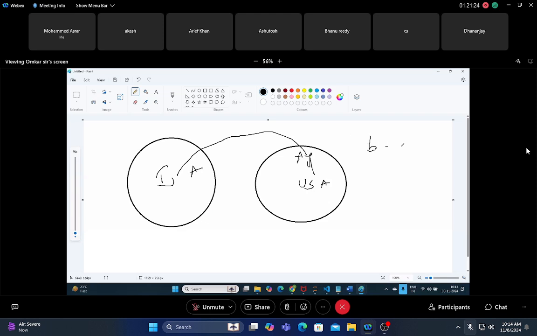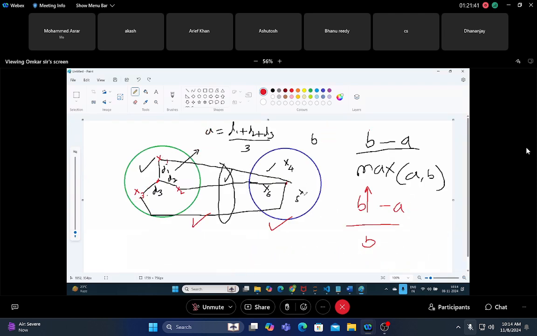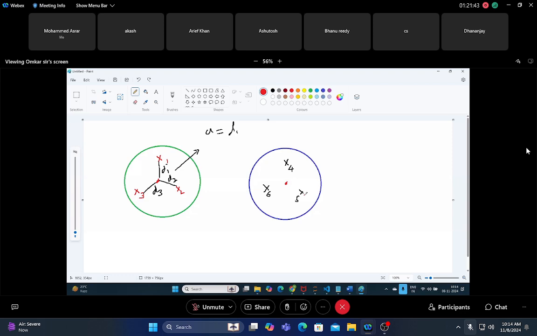Then what is the formula? B minus A by the maximum of B comma A. Then what is the maximum here generally? A should be maximum. It becomes the opposite automatically. So the same here, look here. Understand this very carefully. These x1, x2, x3 are well settled.